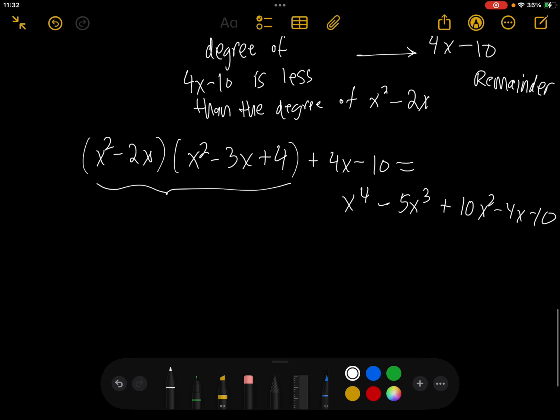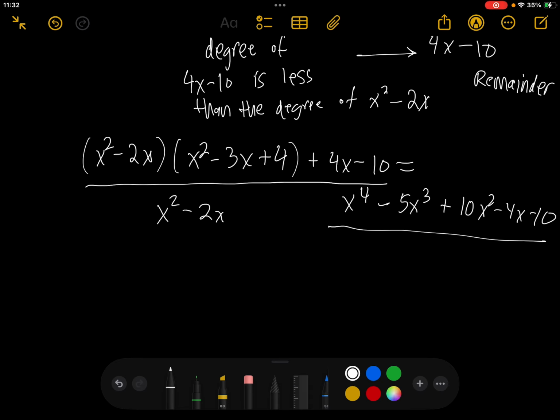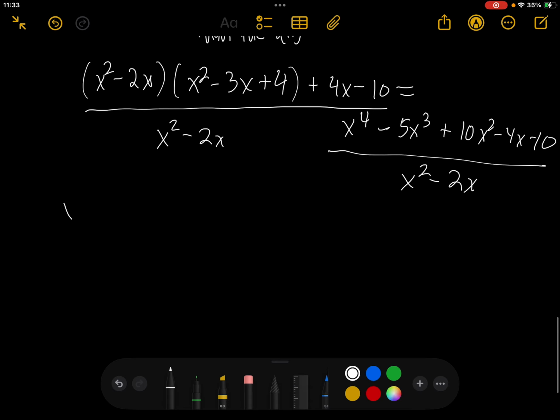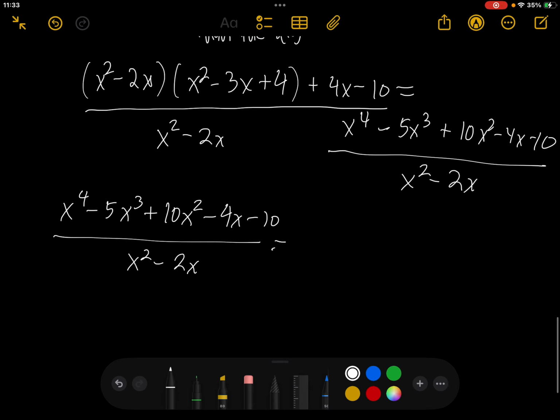Well, we've written it like this, but the question was, what do you get when you take the dividend and divide by the divisor? Well, let's take this equation we found and divide both sides by x squared minus 2x, because that's what we're looking for. We were looking for x to the fourth minus 5x cubed plus 10x squared minus 4x minus 10 divided by x squared minus 2x.